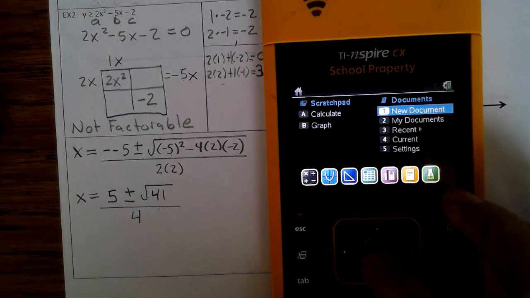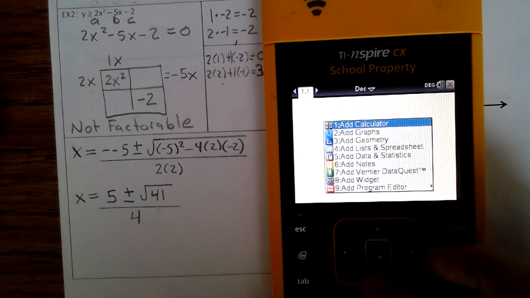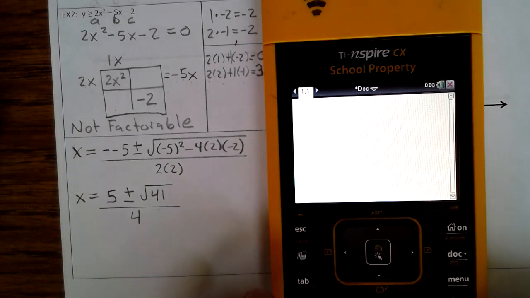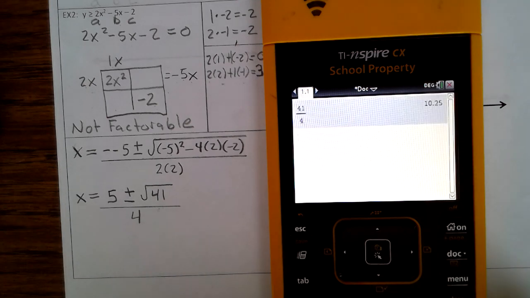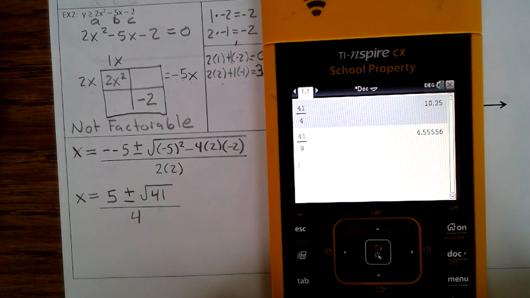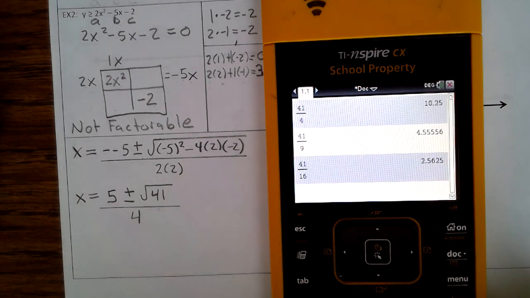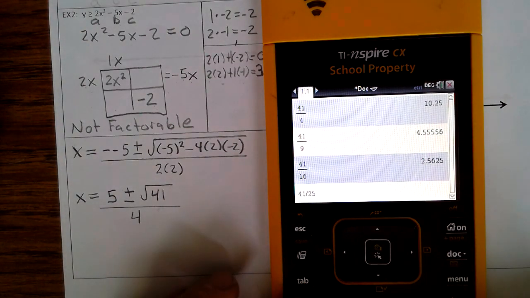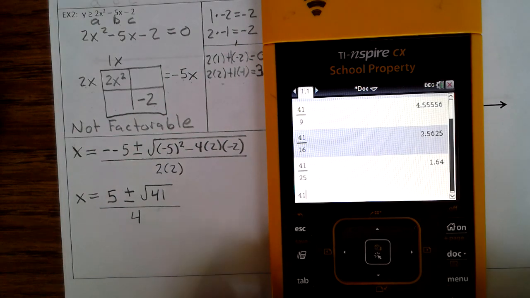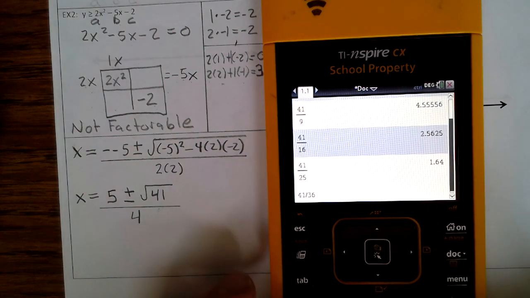So we're going to go to add calculator. So let's do 41 divided by 4, control enter. That doesn't work. 41 divided by 9, control enter. 41 divided by 16, control enter. 41 divided by 25, control enter. 41 divided by 36, control enter.